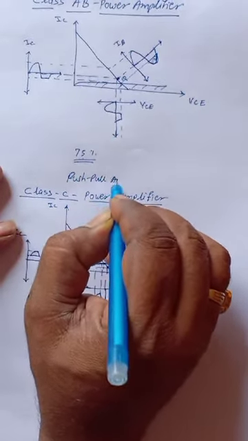Next is the class C power amplifier. In the class C power amplifier, the Q point is in the cutoff region, below the cutoff boundary.